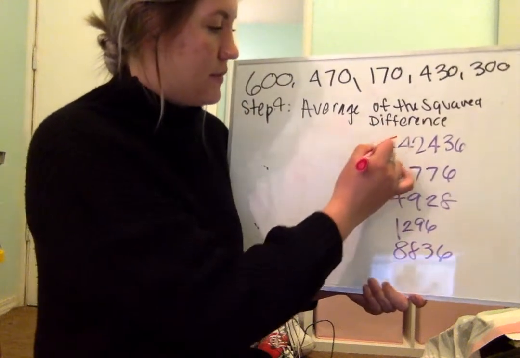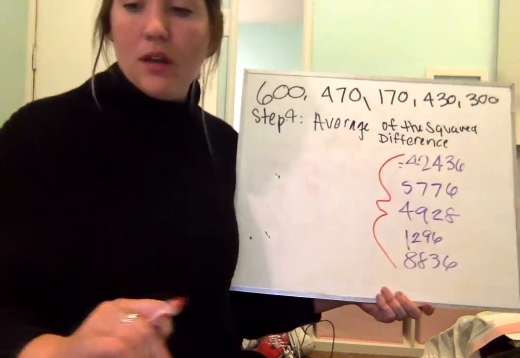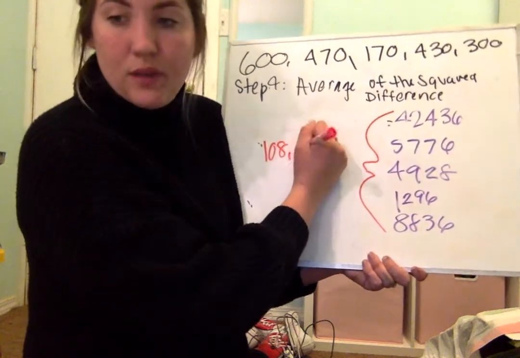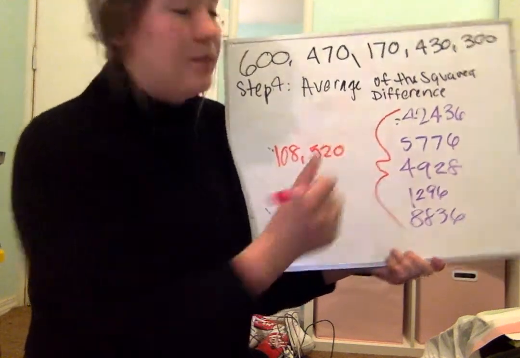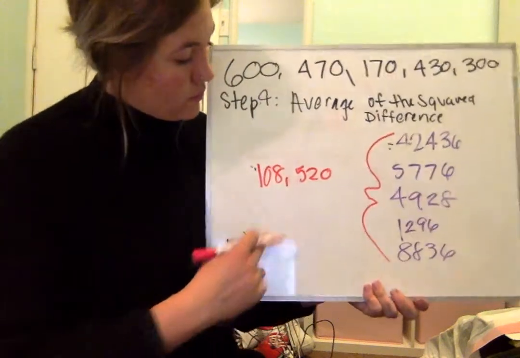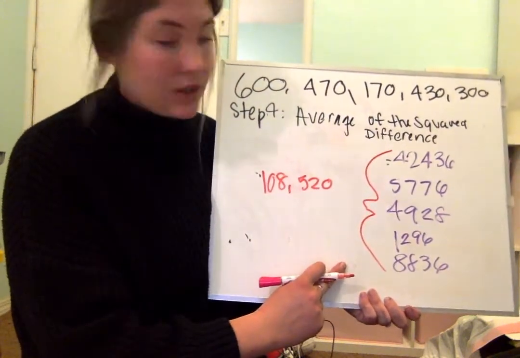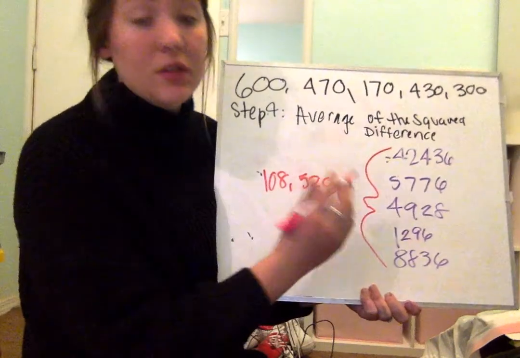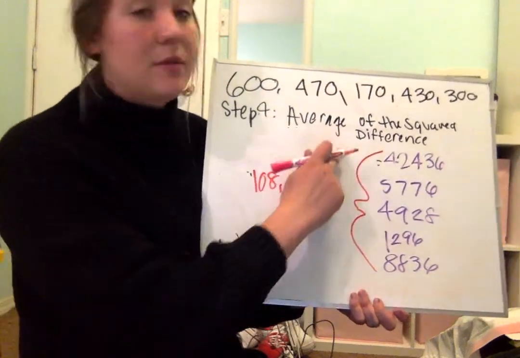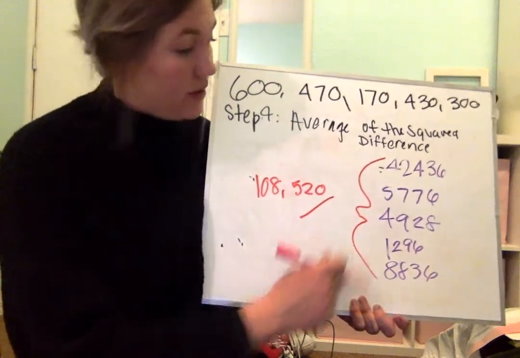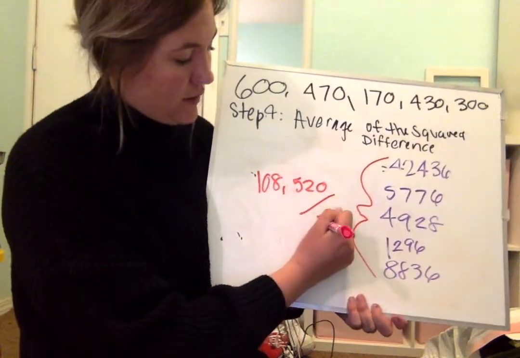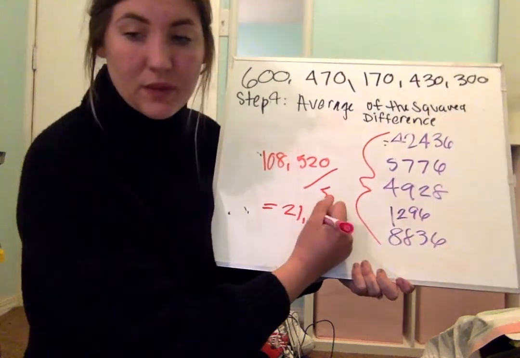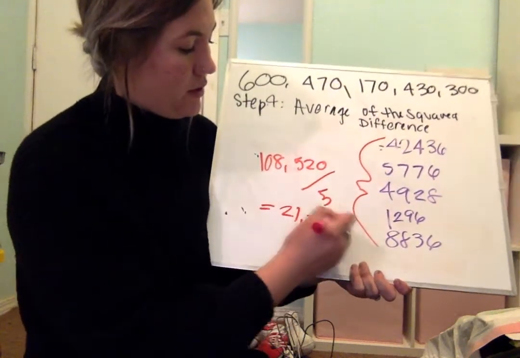All of these added together is 108,520. Once again, when you're finding the average of a data set, you add them all up and then divide by the amount of numbers there were. So we have 5 again, so we divide by 5 again, which comes out to 21,704. So this is our new number.